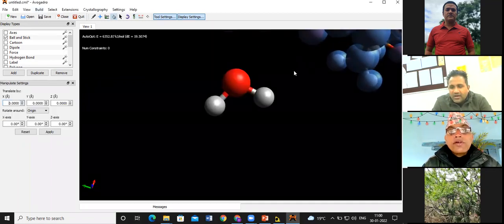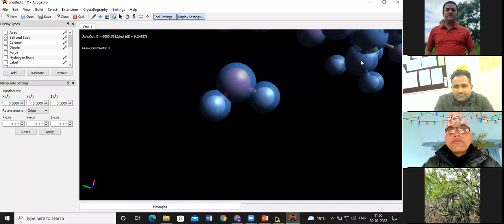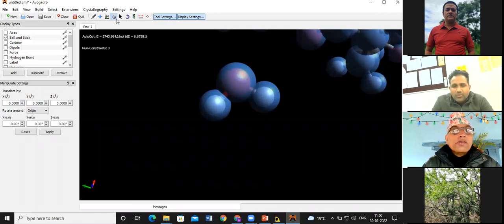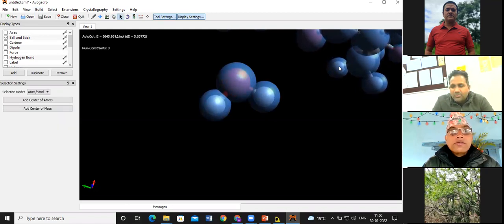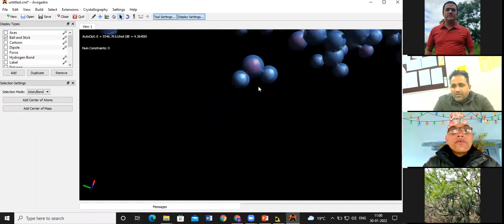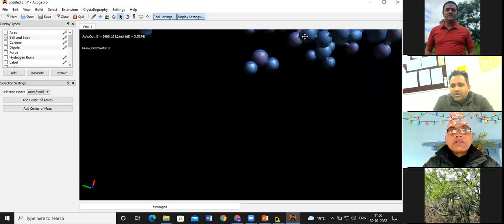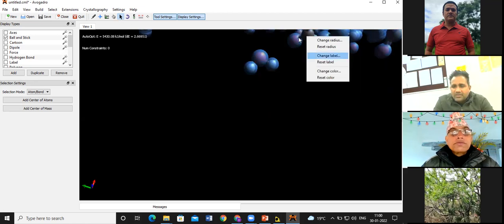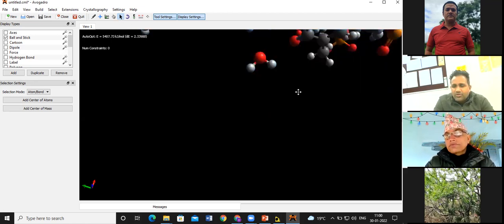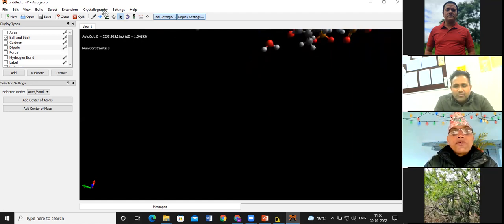This is our DNA molecule, whatever DNA molecule you are having. So in this way, you can construct your own molecule here, and this is nothing but the DNA molecule.